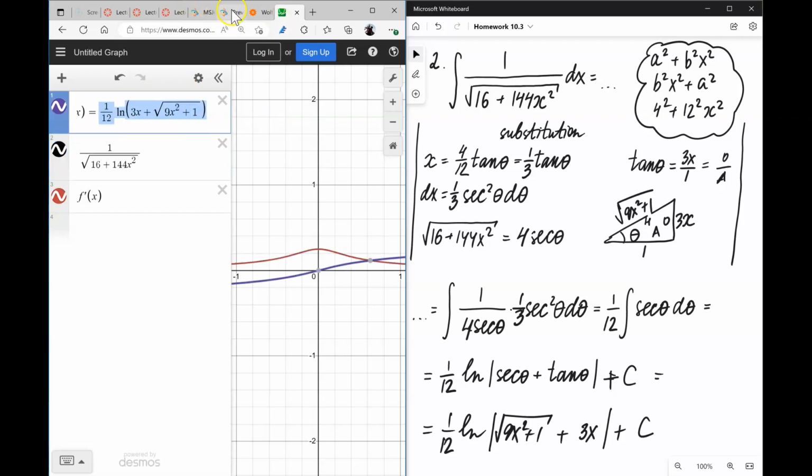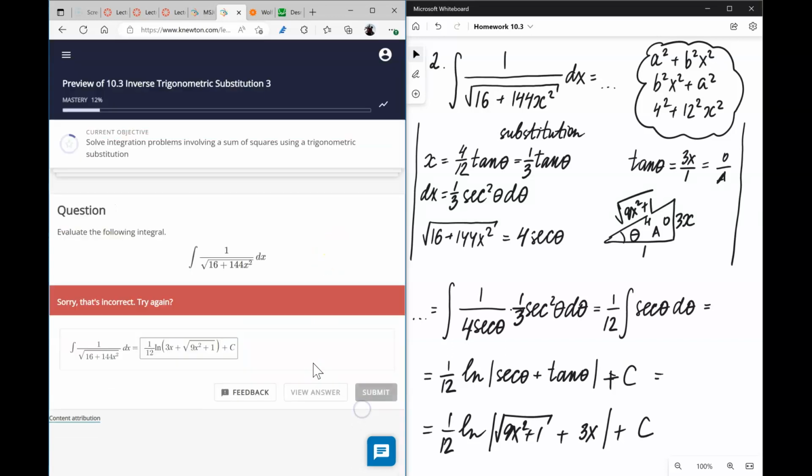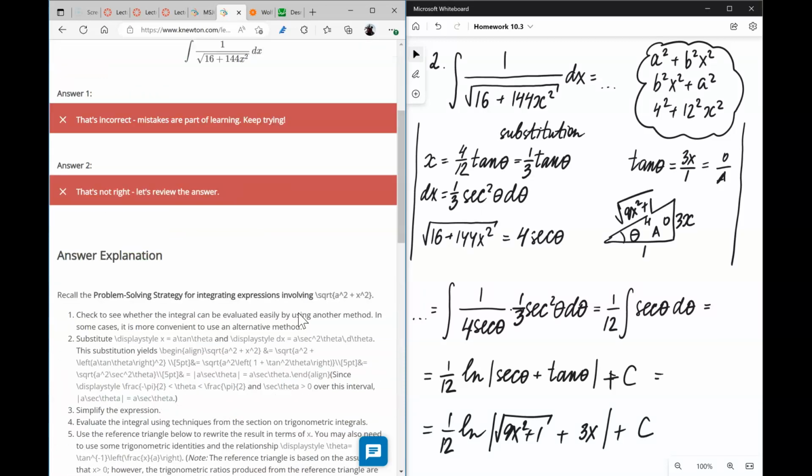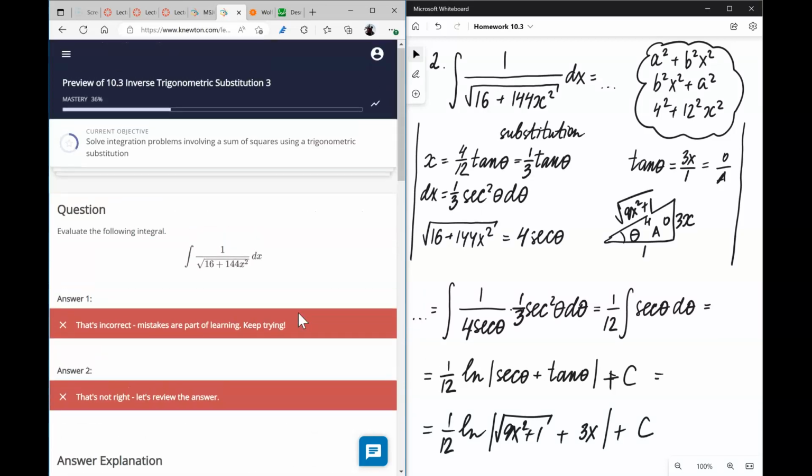Great. So it wasn't plus C. It was me being completely wrong. But I'm still gonna put plus C. Is it the absolute value now?